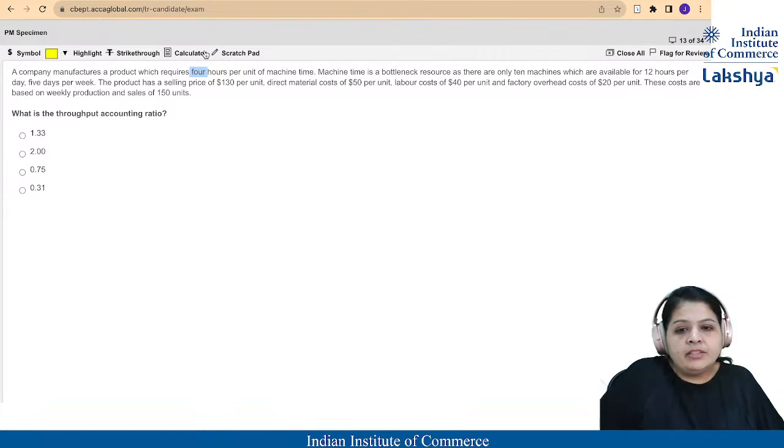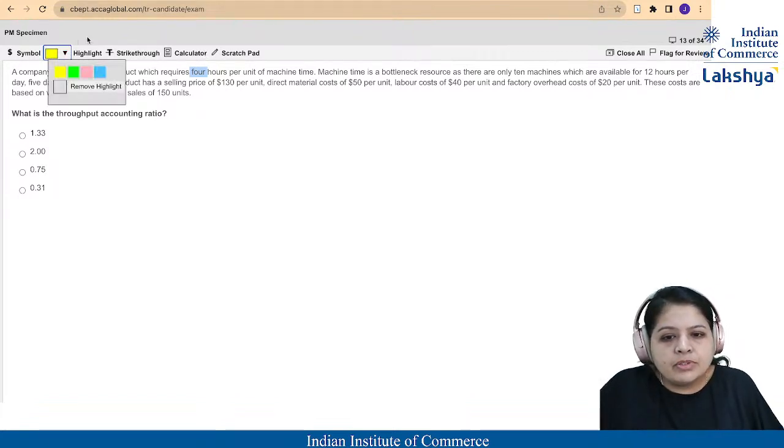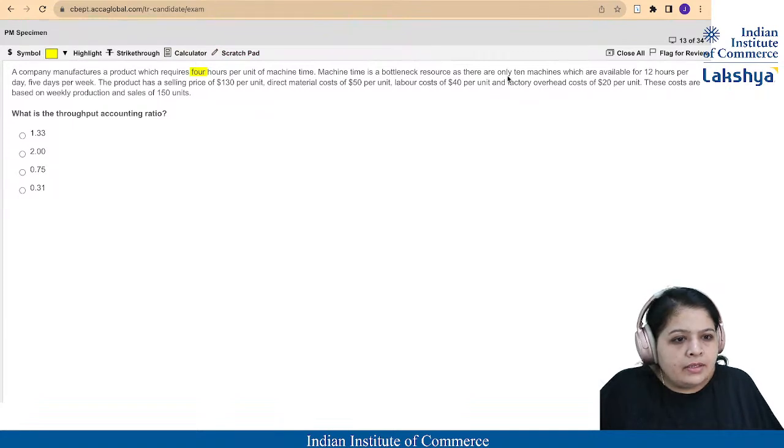Even this is something that students end up missing out. The machines are available for 12 hours per day for 5 days a week.